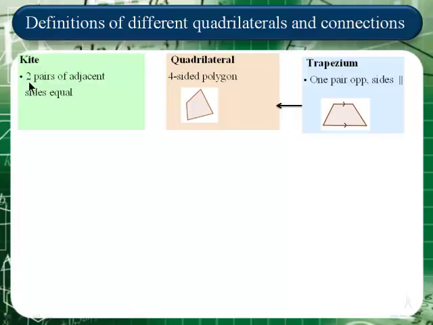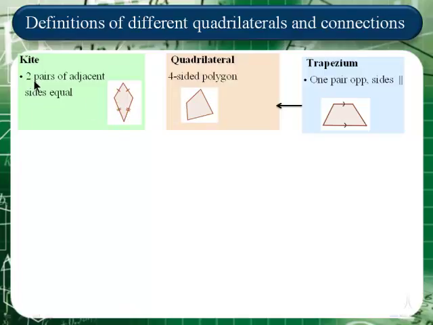Next we move on to a kite. In the kite's definition we say two pairs of adjacent sides must be equal. Adjacent we can also call consecutive. You see, in a quadrilateral there are actually 4 pairs of adjacent or consecutive sides. You can check that.